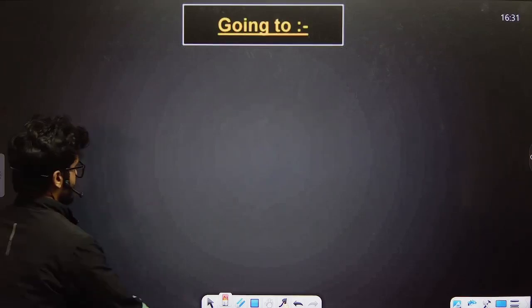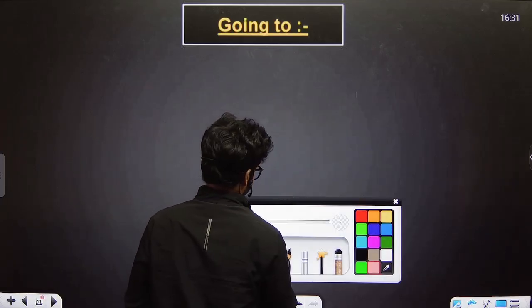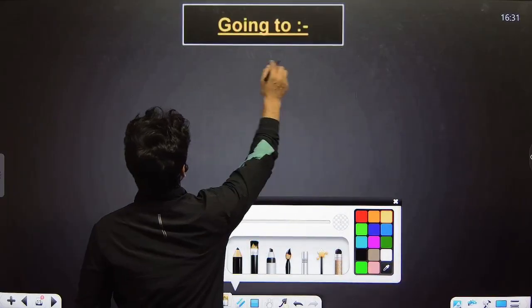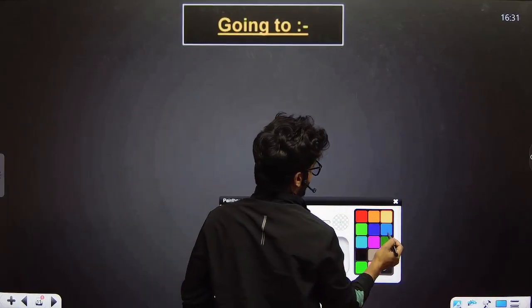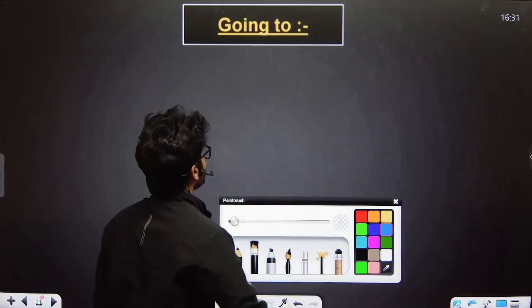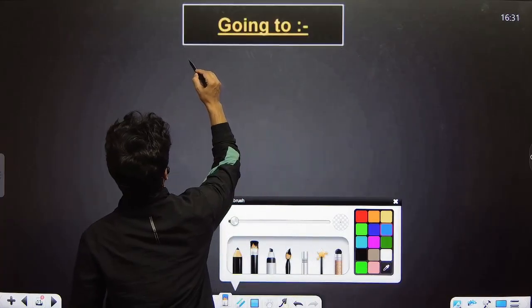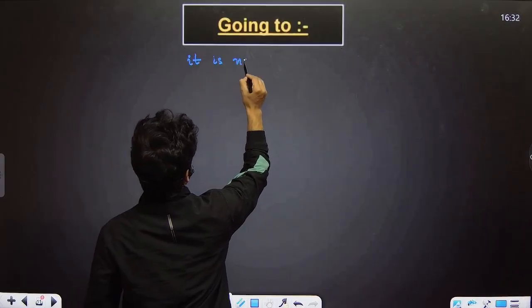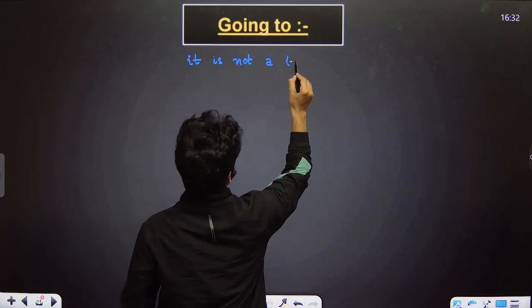Now this is a very important thing which I wanted to tell you. Going to. In the going to scenario, if you consider it as a tense, then you are taken wrong, as it is not a tense.